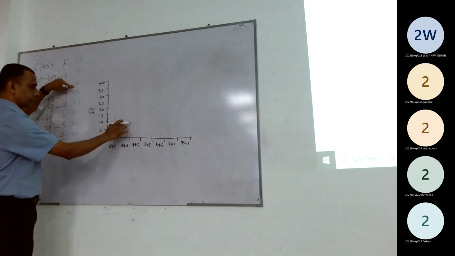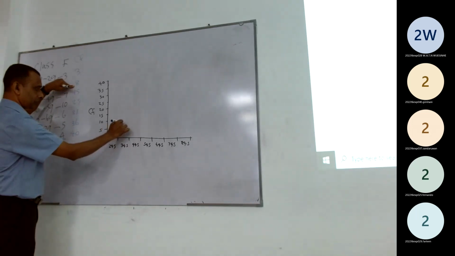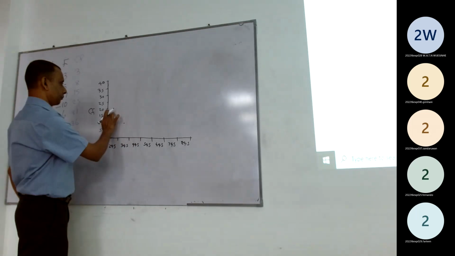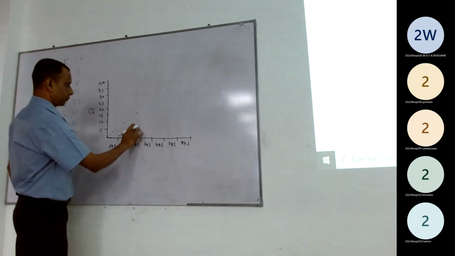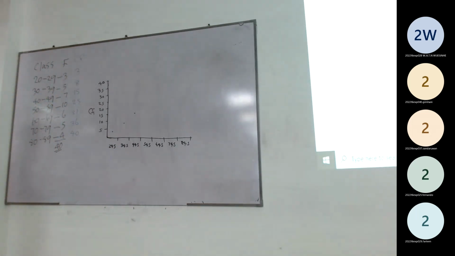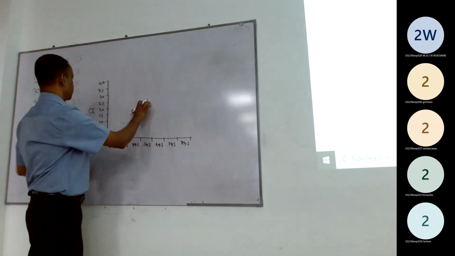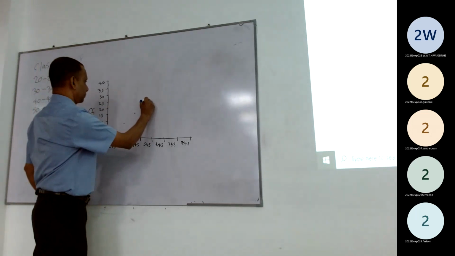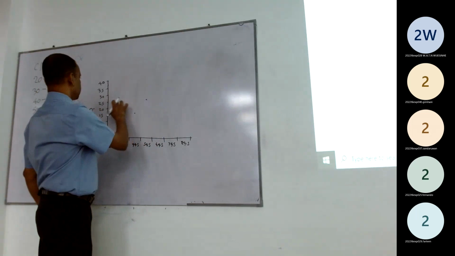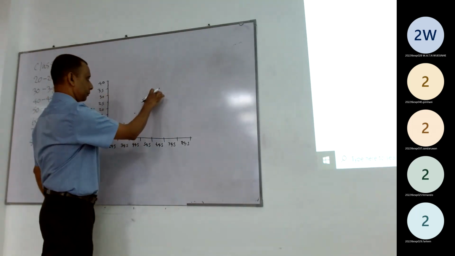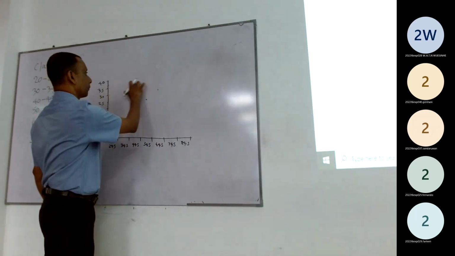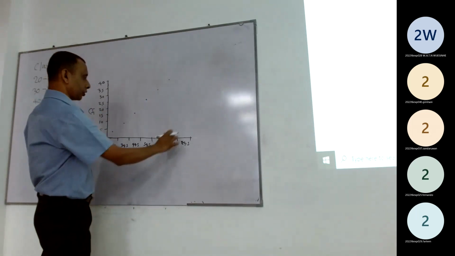Next mid value 8, then 15, then 25, then 31, 36, then 40.